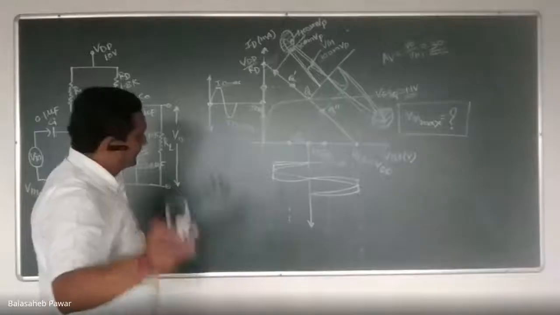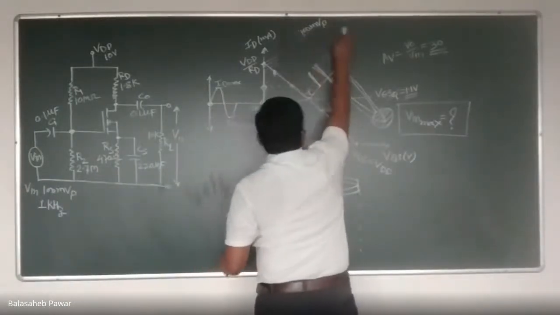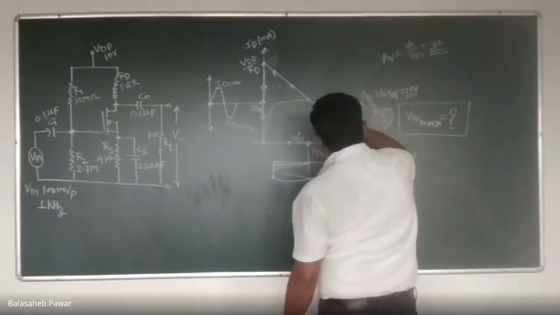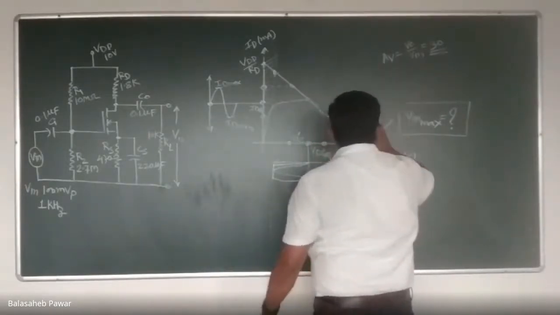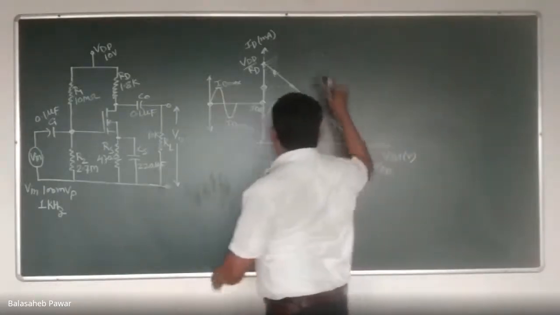Yes, sir. Okay. Now we will see why we expect the operating point to be exactly at the center of the load line. Or we can say, if it is not at the center, what will happen?